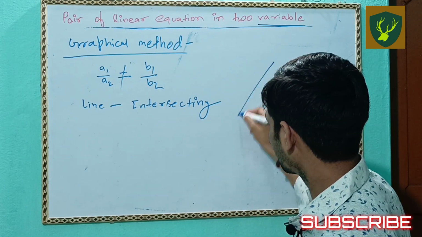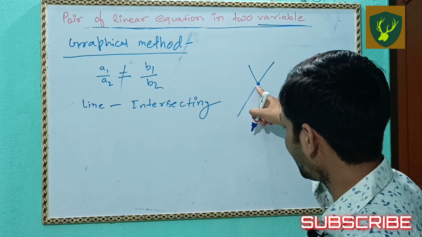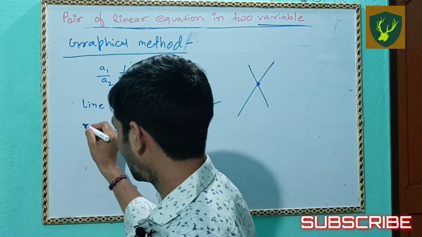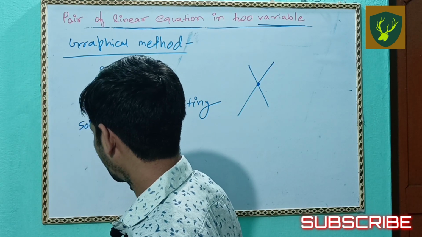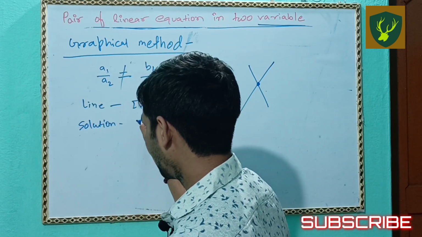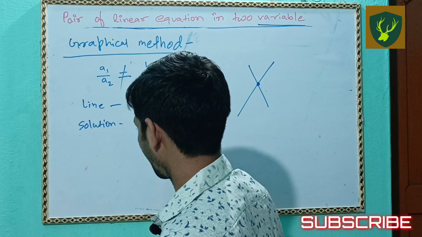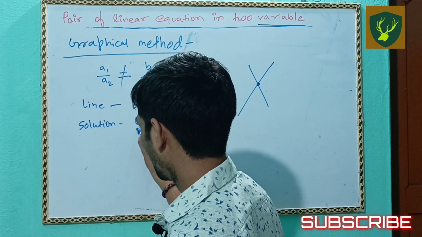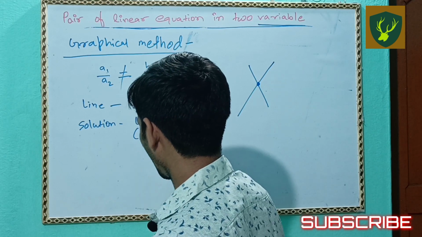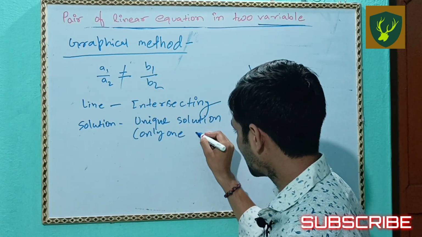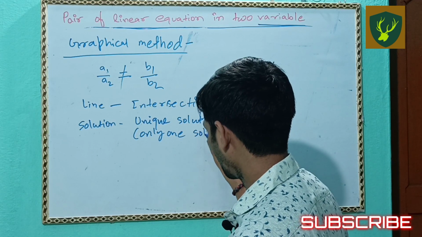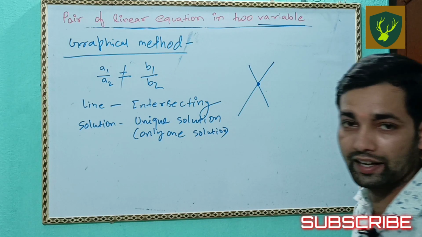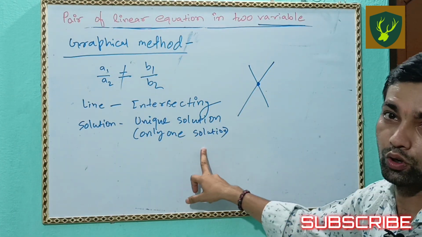It means they will intersect at a point, so they have a solution. How many solutions does it carry? It will carry a unique solution. It means only one solution, not more than one.